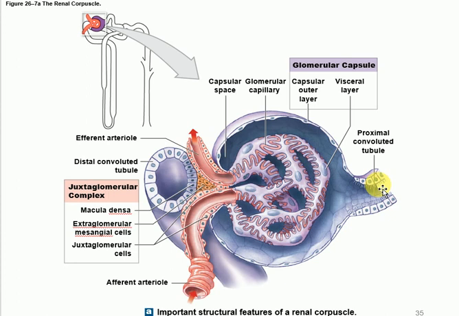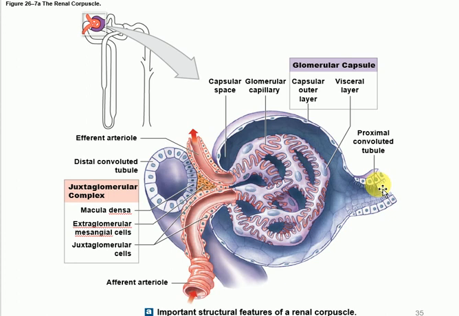These modified cells of the distal are called macula densa, and this part is called the juxtaglomerular cells, which are part of the afferent, plus the extraglomerular marginal cells. But the most important two are those two: juxtaglomerular cells and macula densa.